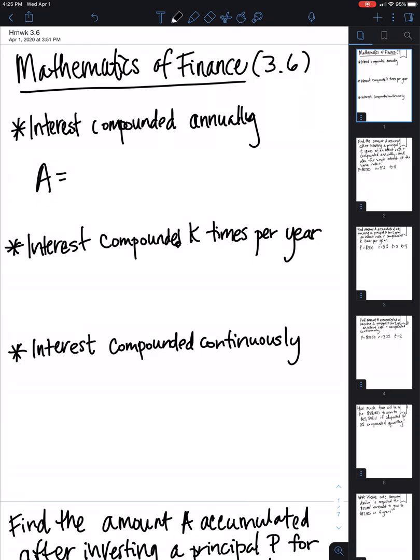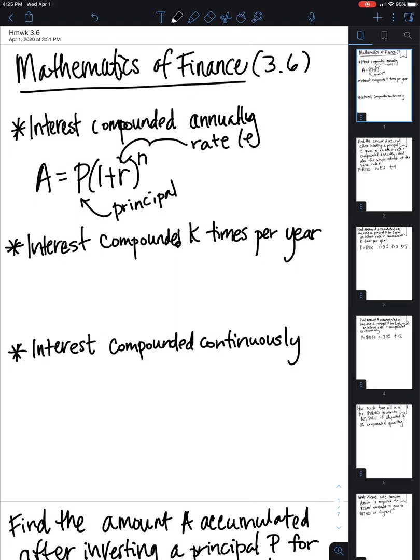A equals P times (1 plus R) to the N. P is the principal, the initial value you start out with, the initial value you put in your bank account or whatever. R is the rate, and we always want to express it as a decimal.